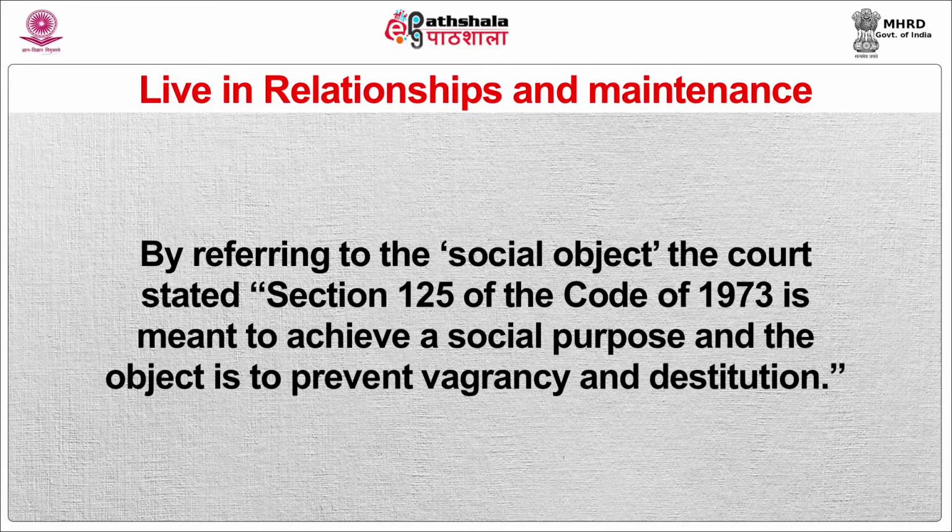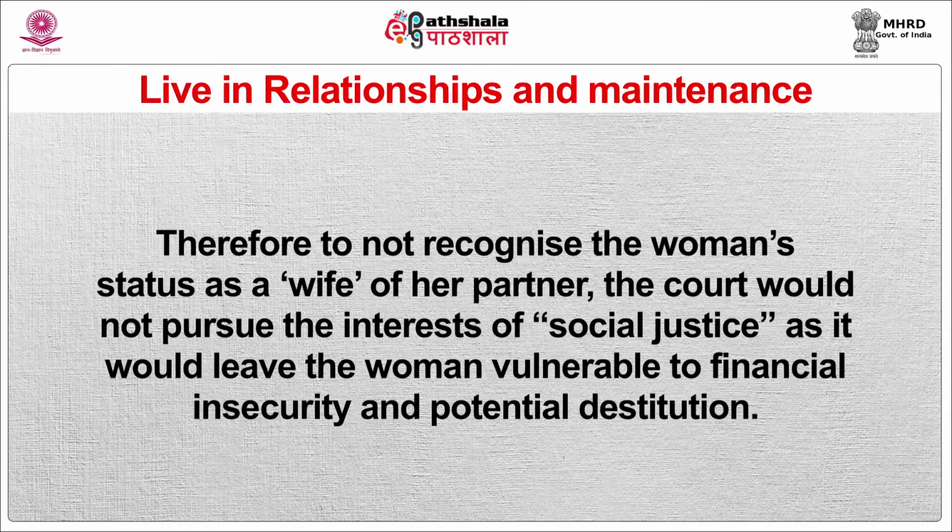By referring to the social object, the court stated that Section 125 of the CRPC is meant to achieve a social purpose, and the purpose is to prevent vagrancy and destitution. Therefore, to not recognize the woman's status as a wife of her partner, the court would not pursue the interests of social justice, as it would leave the woman vulnerable to financial insecurity and potential destitution.